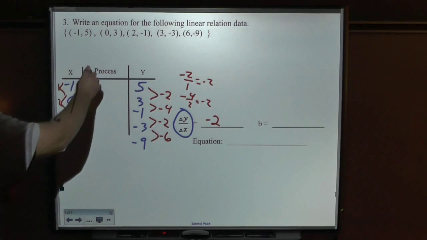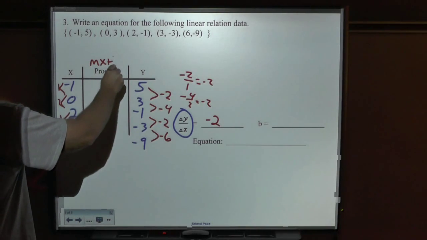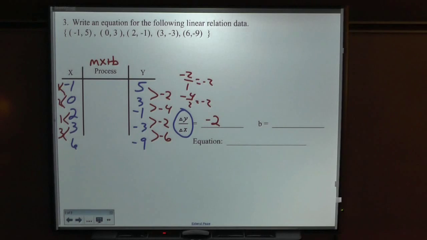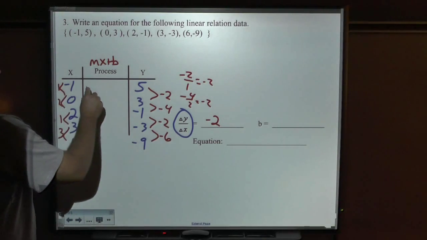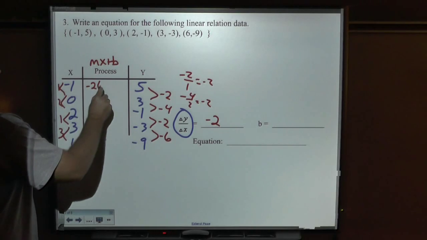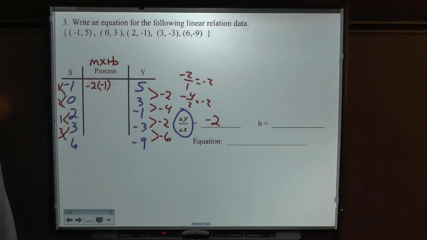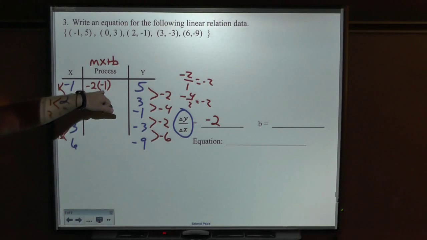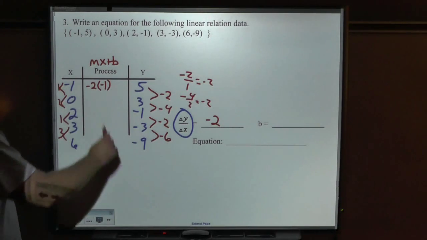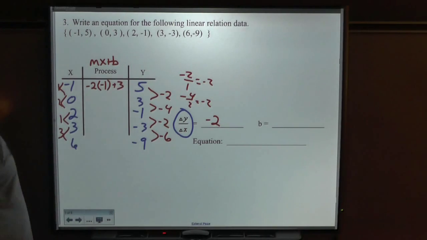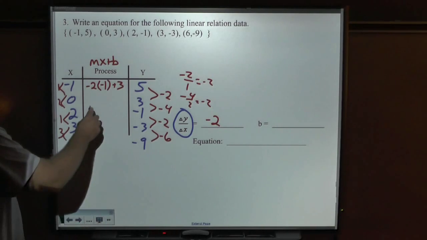So again, in that process column, this is the function in linear form, mx plus b. So the rate of change is -2 times the value of x, which is -1. So -2 times -1 is a +2. 2 plus 3 gives you 5. All right?